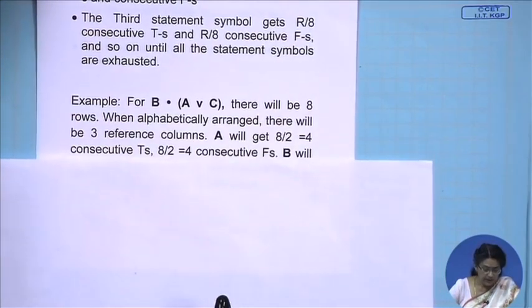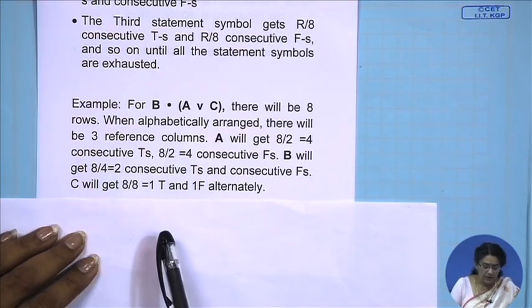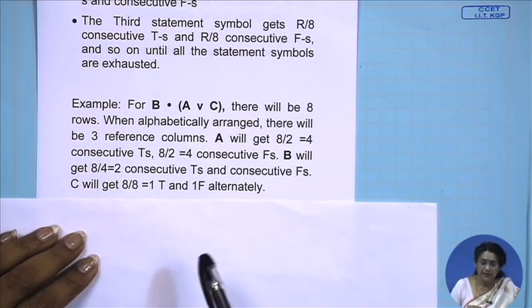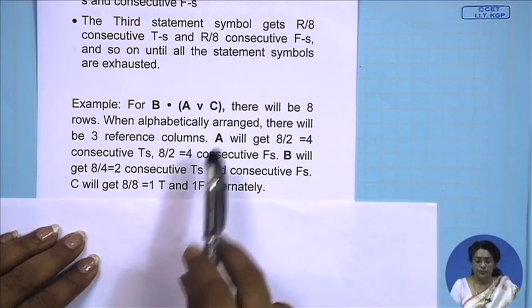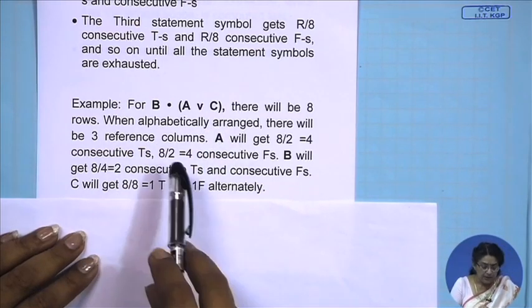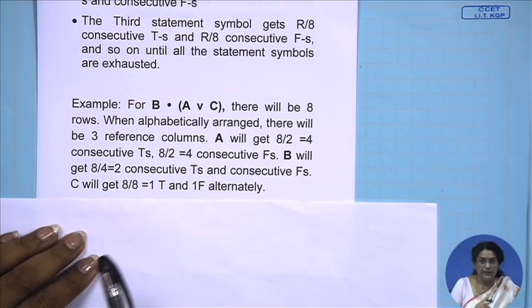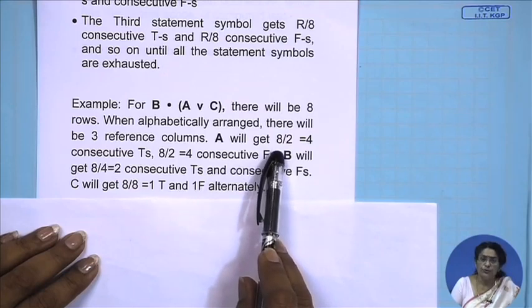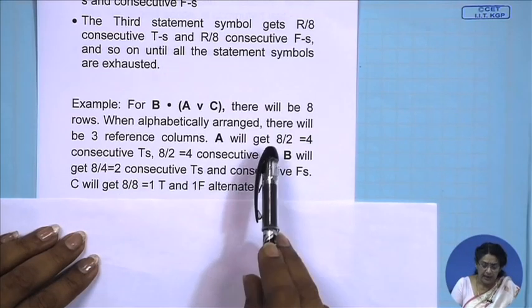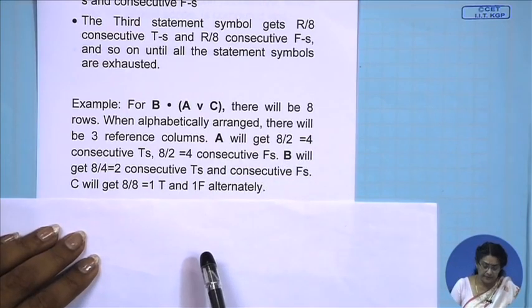So, here again we go back to our example of B dot A wedge C. You know that there are going to be 8 rows here. The first symbol, which is A, the first statement symbol, is going to get 8 by 2 consecutive T's and 8 by 2 consecutive F's, that is 4 T's and 4 F's.